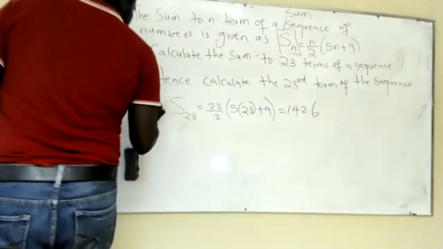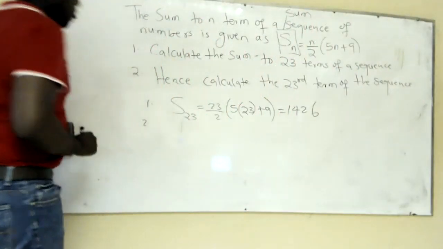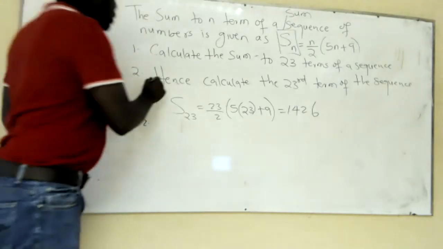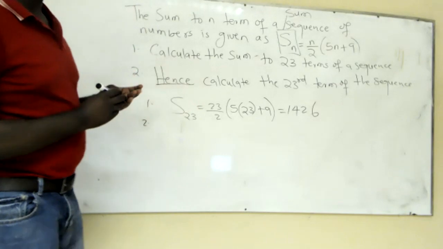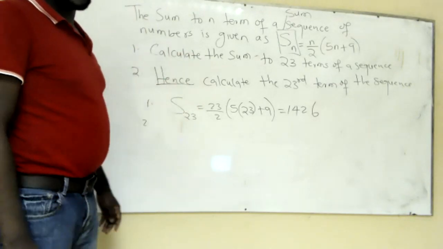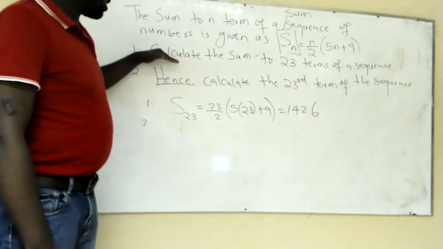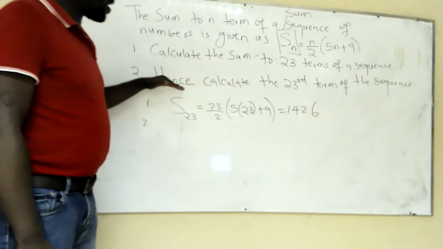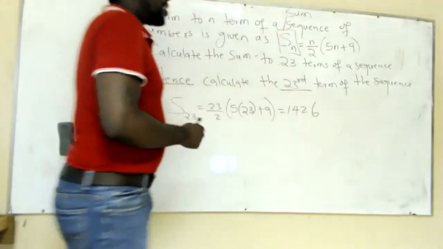It was very simple, but now the problem is on the second question. Whenever you see the word hence, it simply tells you that you're going to use the information you obtained from the previous question. Are we all together? So now we're going to use the information from the first question, which says hence calculate the 23rd term of the sequence.